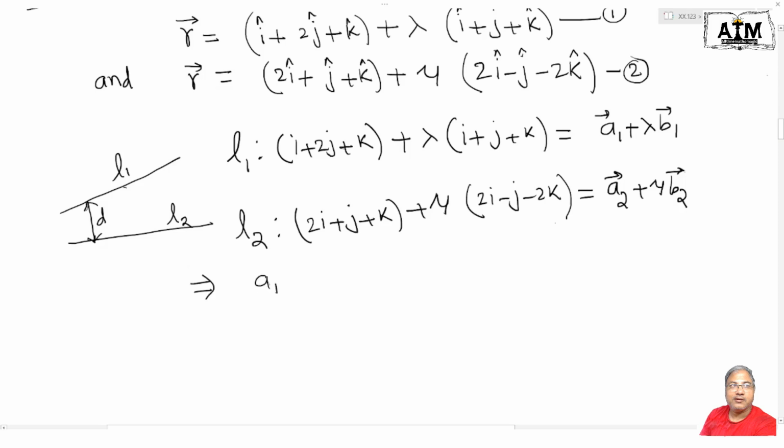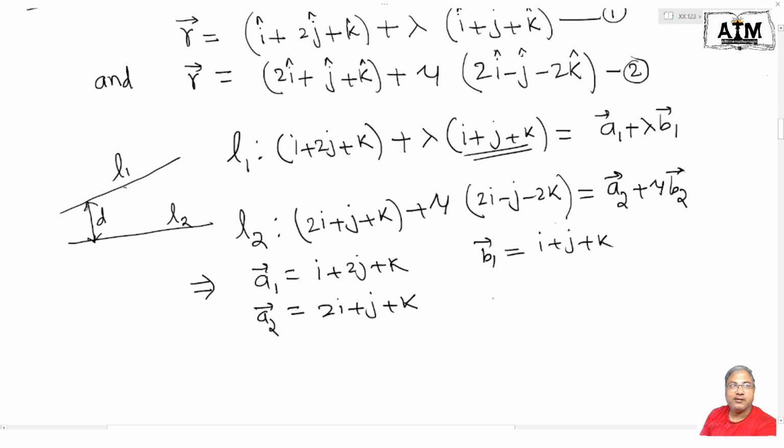This implies vector A1 equals i plus 2j plus k, and vector A2 equals 2i plus j plus k. Similarly, vector B1 equals i plus j plus k, and vector B2 equals 2i minus j minus 2k.